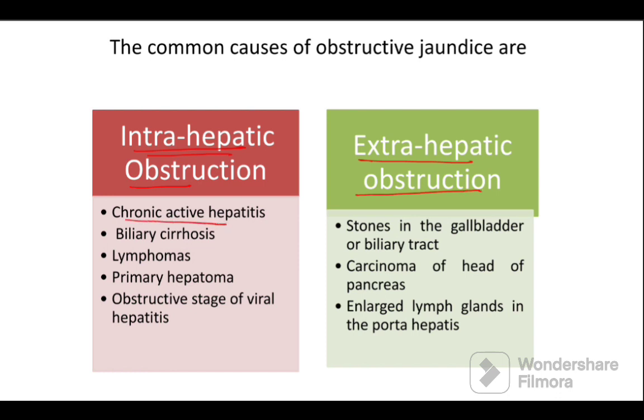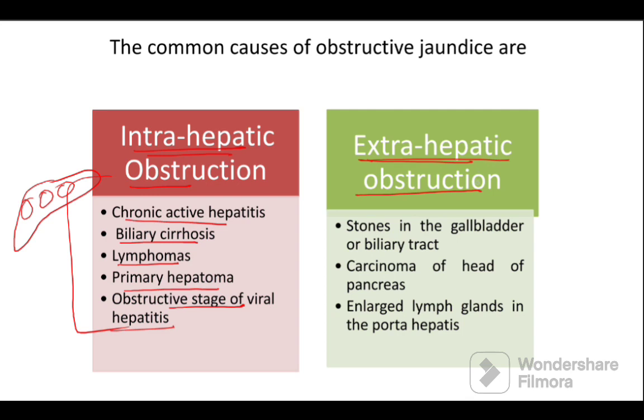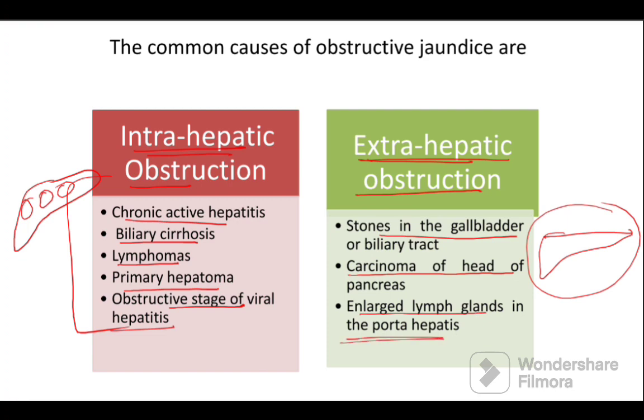Chronic active hepatitis, biliary cirrhosis, lymphomas, primary hepatomas, and the obstructive stage of viral hepatitis all come under intrahepatic obstruction, where the obstruction is present in the liver itself, whereas extrahepatic obstruction is where the obstruction is present outside the liver. So stones in the gallbladder, carcinoma of the head of the pancreas, enlarged lymph glands in the porta hepatis.